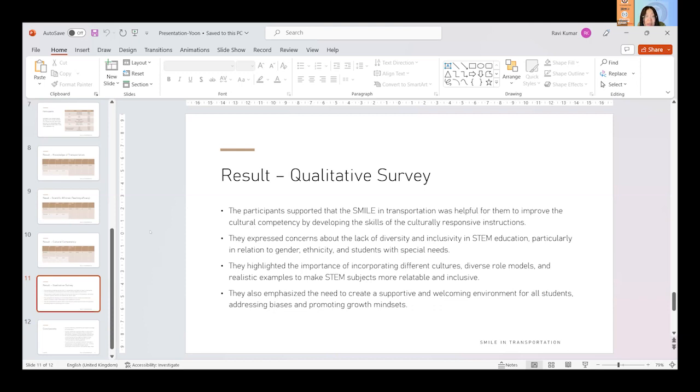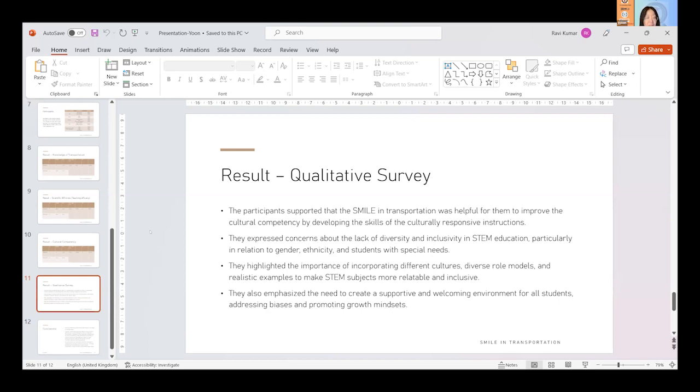relatable, and inclusive. So the future STEM teachers start to think about the diversity in the classroom and how they are going to make that diversity work for all students' learning. So they start building cultural competencies.